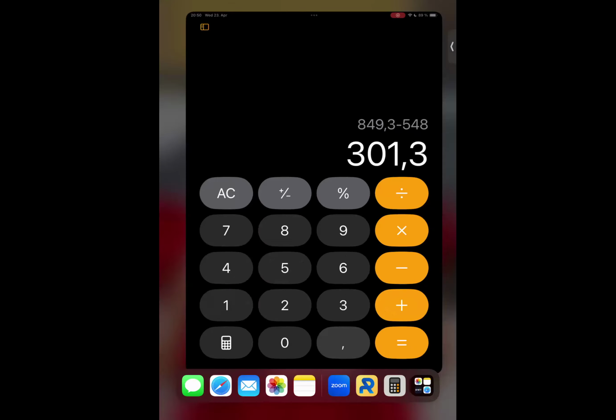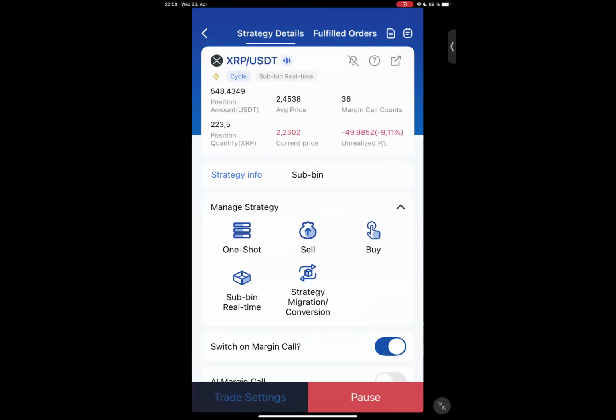Do you get it? So, floating loss is not the same as real loss because the robot does not sell on a loss for us unless you are impatient and you want to sell at a loss. That is your own cup of tea.